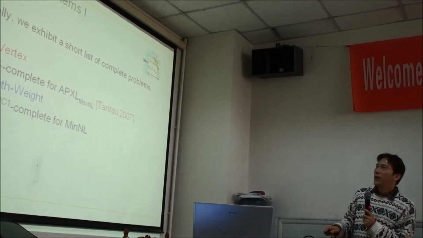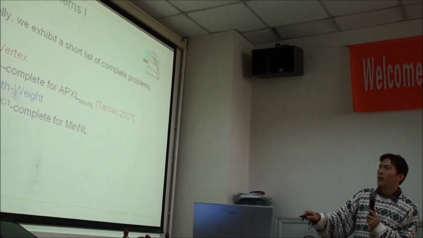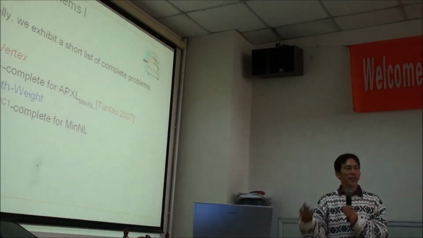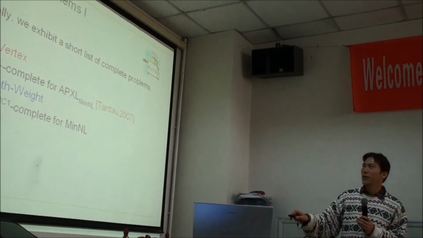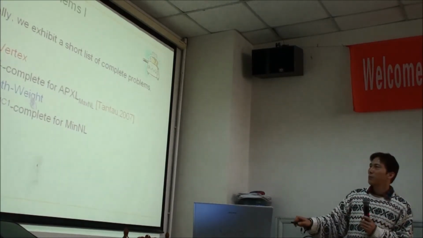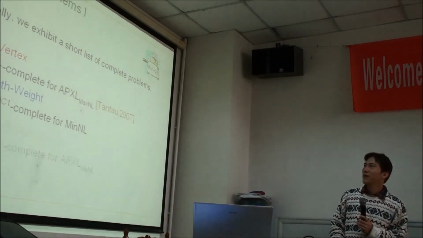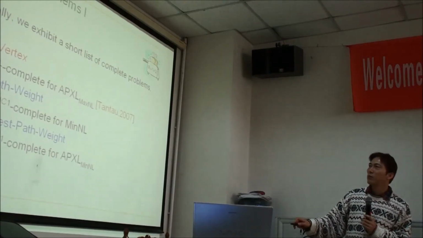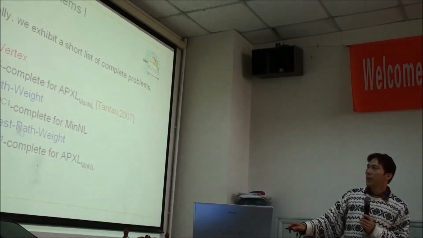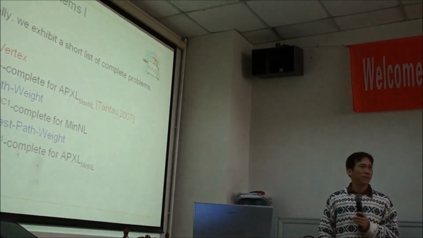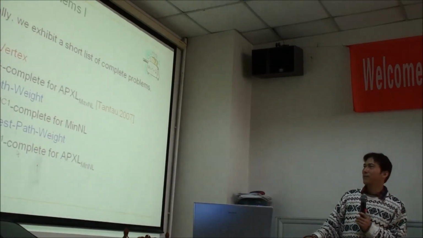This is the problem of a pathway from source to sink, where we have to maximize the total pathway. It is complete for the minimum NL using an NC1 reduction. And if you restrict the graph to be a forest, then the same kind of problem becomes APXL complete using an NC1 reduction.